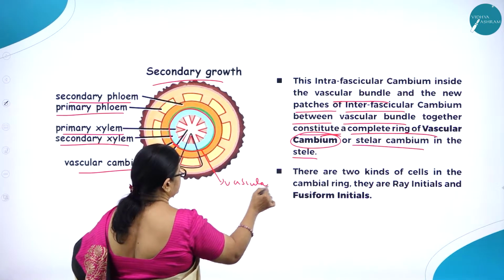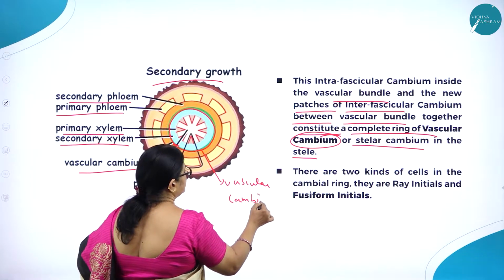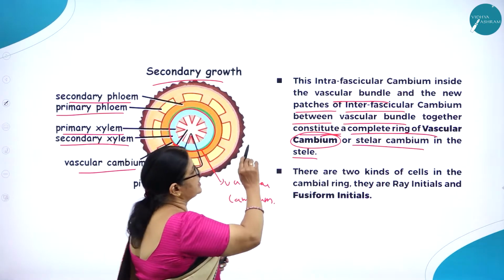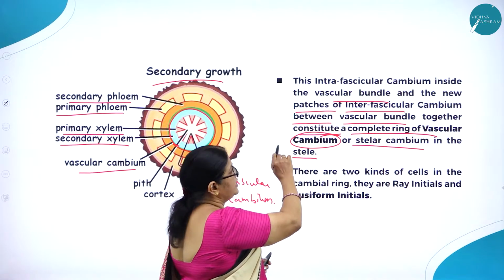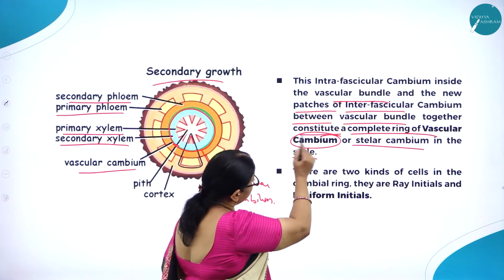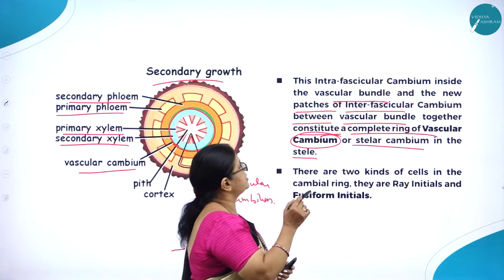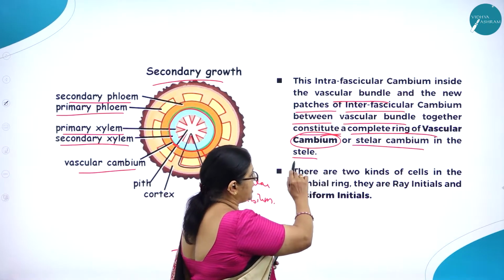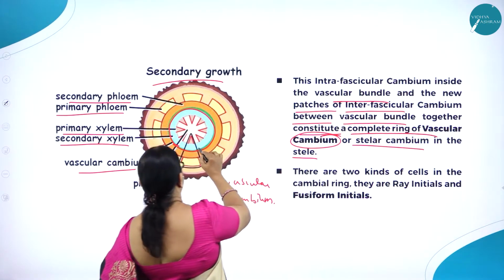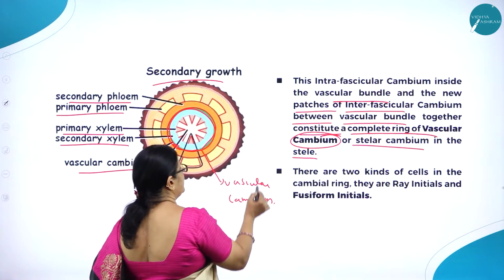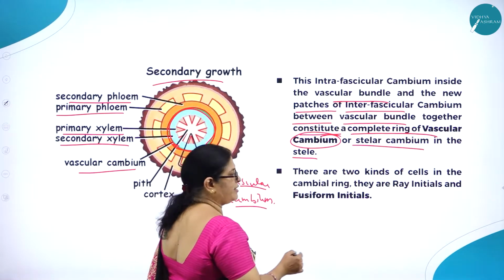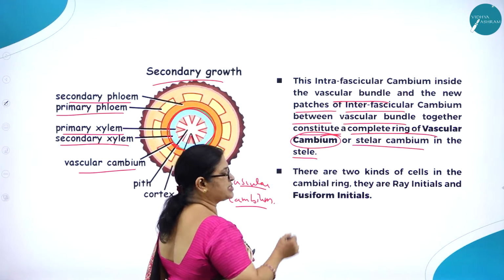This is the vascular cambium. The intrafascicular cambium inside the vascular bundle and the new patches of interfascicular cambium between vascular bundles together constitute a complete ring. Here you can see the complete ring, called the vascular cambium, or you can use the word stellar cambium.